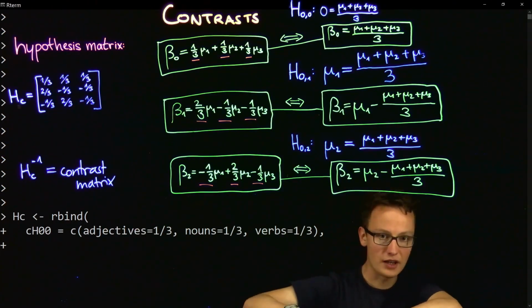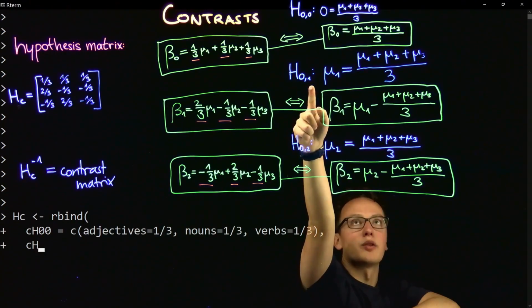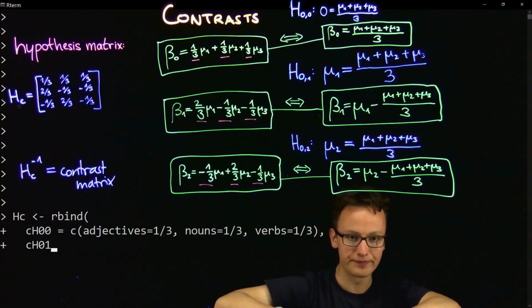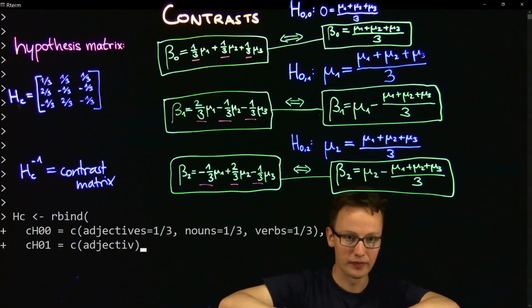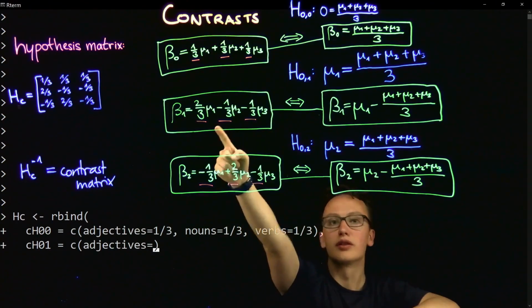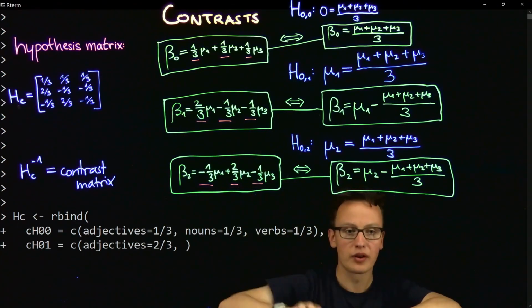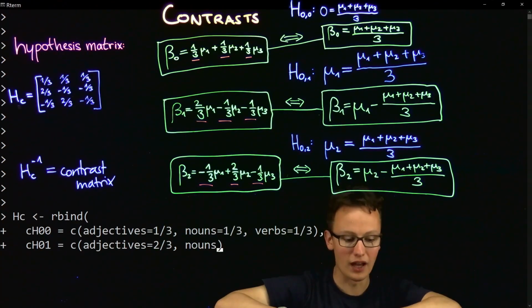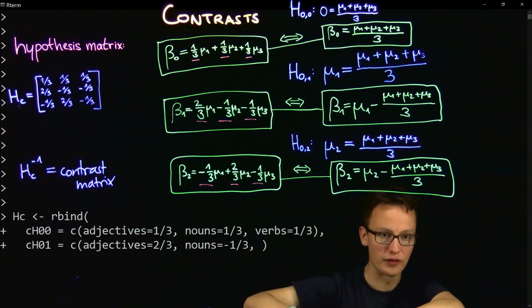As for the second row, that concerns our null hypothesis about the first slope, beta 1, H01, we could say. And this now contains the following values: 2/3 for the mean of the adjectives, minus 1/3 for the mean of the nouns, and again minus 1/3 for the mean of the verbs.